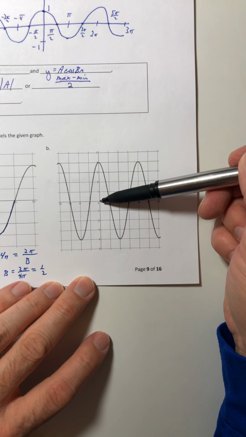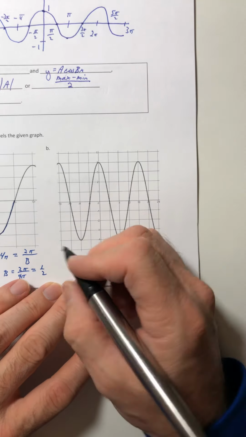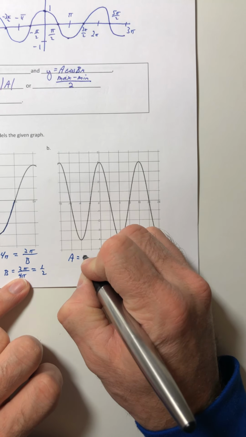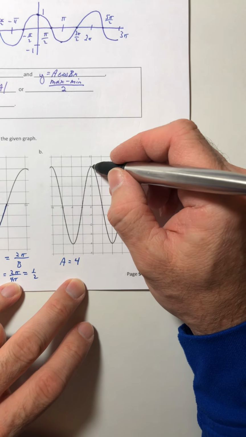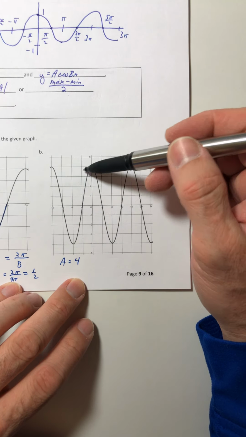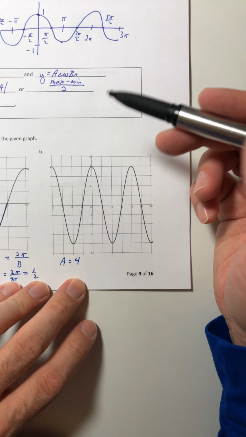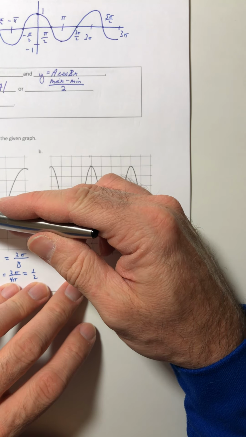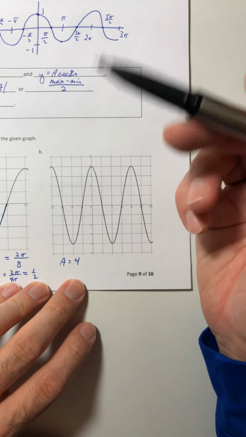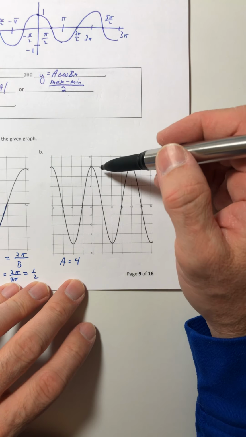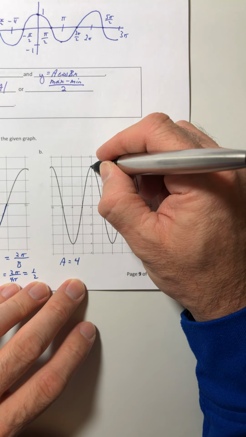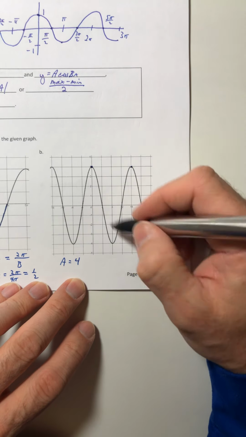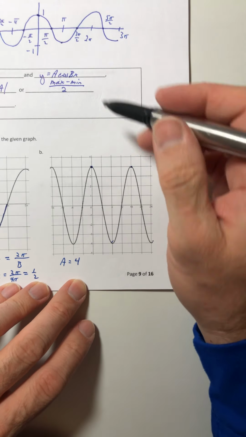So the center of the curve is right on 0. So the distance from the center to the top is 4, so that's your amplitude. The period, sometimes it's easier, like if you don't like drawing it from the origin and so on and so forth, you can just kind of go from top to top. So from that point to that point, or from bottom point to bottom point.